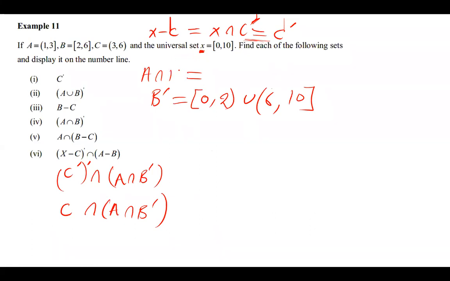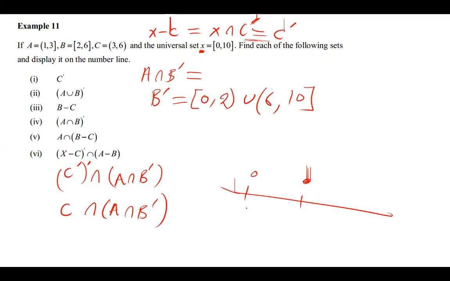Okay, this one is B, and then complement there. So our A intersection B complement will now be, because we know that A is starting from 1 to 3, so you can draw a first number line. Our A is from 1 to 3, it's closed there, and then our B complement is from 0 to 2.